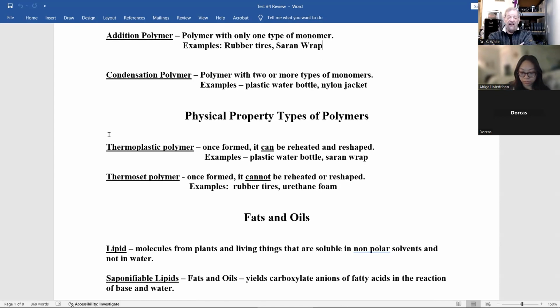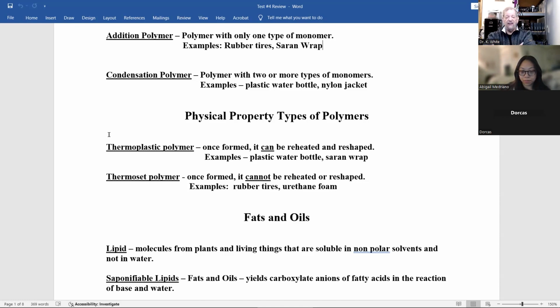You just got to find out. Now, the other type is a thermoset polymer. And once formed, it cannot be reheated or reshaped. An example of that is rubber tires or urethane foam, which is the polymer in things like your car seat and a lot of your pillows, your furniture have foam padding, and that can't be reshaped.